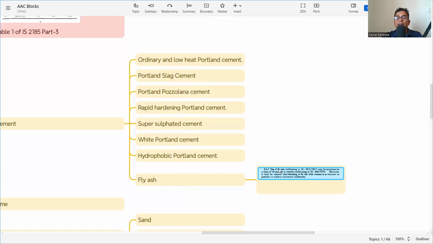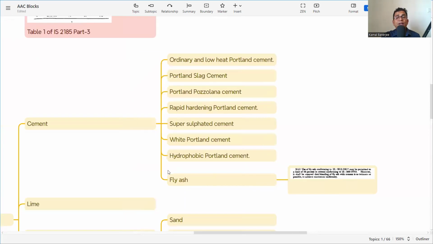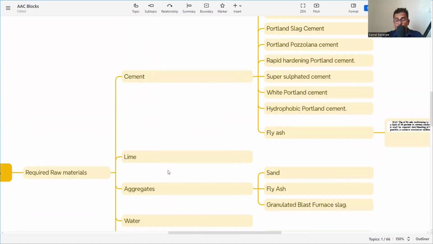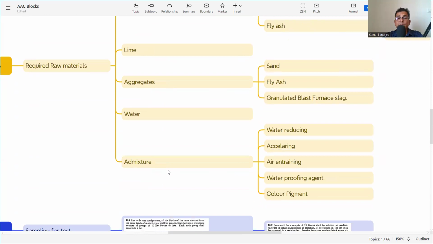The limit is 20% as the maximum percentage of fly ash. That is also mentioned by the code in clause 5.1.1. So these are the cements we can use for preparing our AAC block. Then comes lime, and then aggregate.